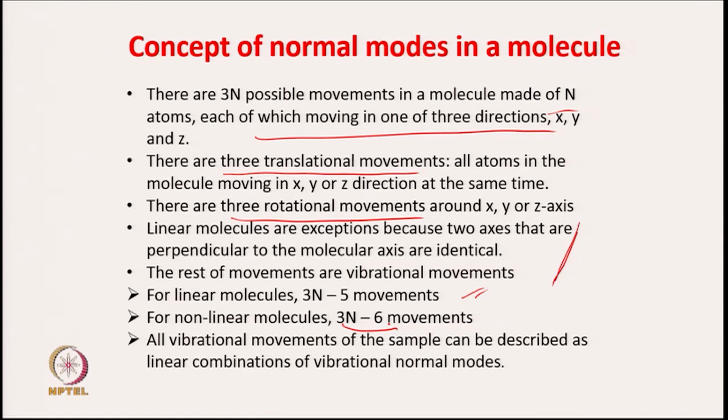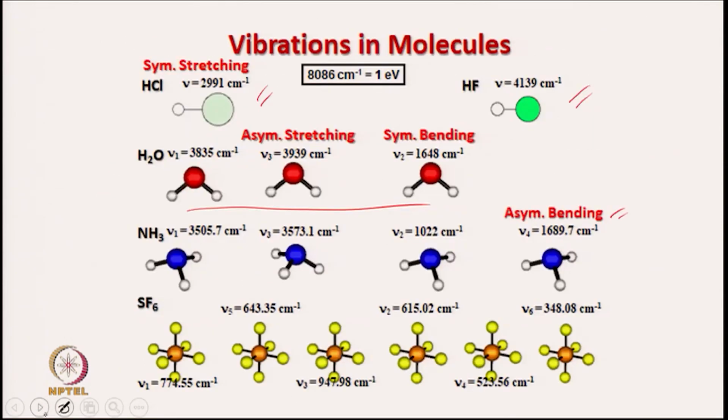So, for example, HCl has 2 atoms, so 3n minus 5 comes out to be 1, and that is what we saw in the case of HF and HCl. So, diatomic molecules are going to have only one normal mode of vibration.